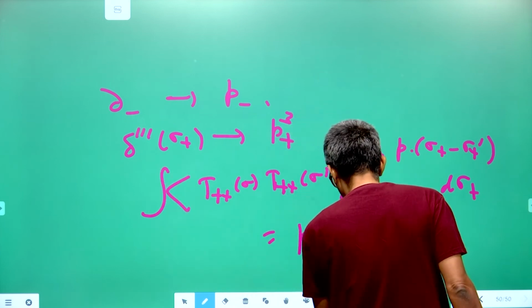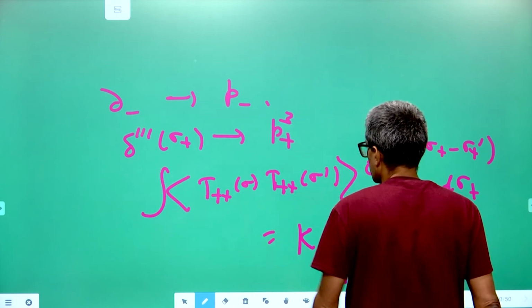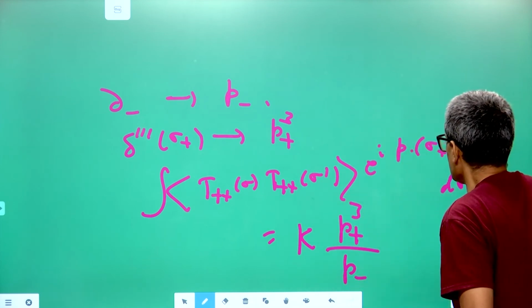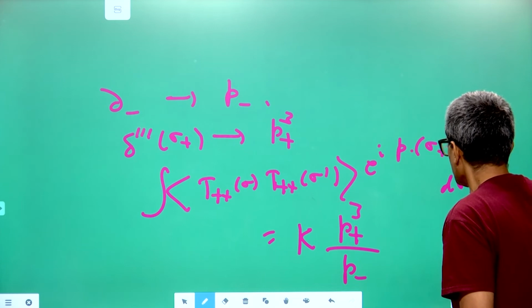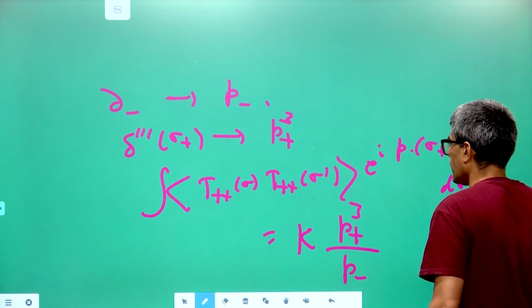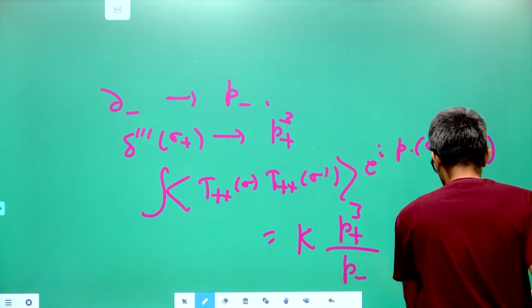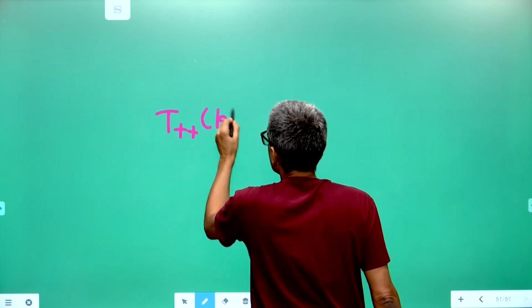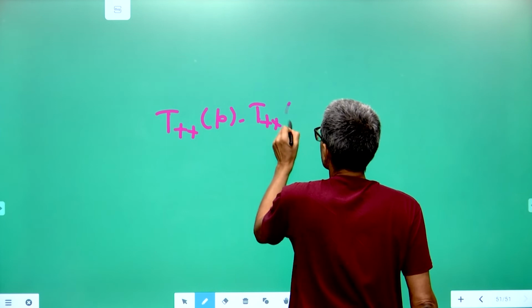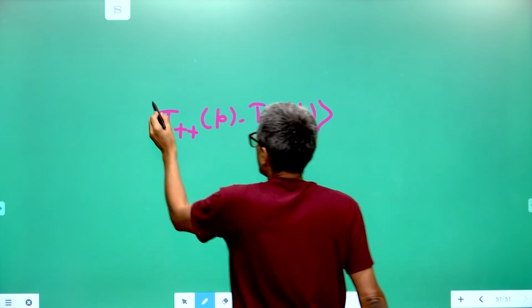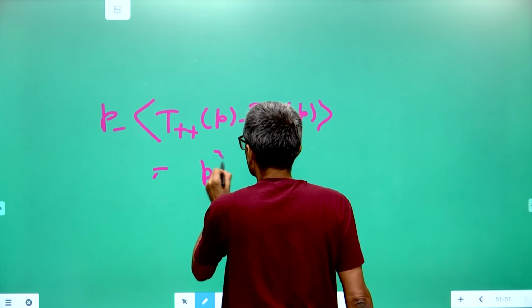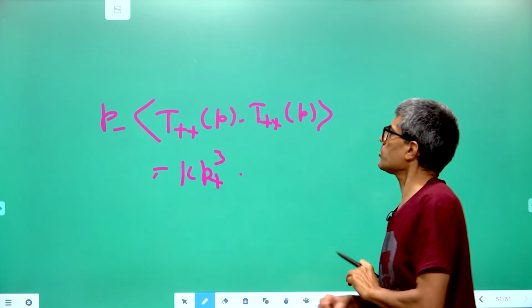So you have to divide by p minus, because dou minus of this quantity is equal to that anomaly. So you can also express this in this way, it is a convenient way of expressing the whole thing. You can say that in the Fourier domain T plus plus at p, this quantity multiplied by p minus is equal to p plus cube into k. The anomaly could be expressed in this form.